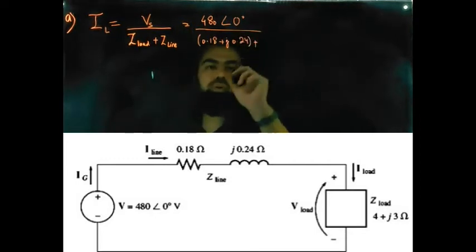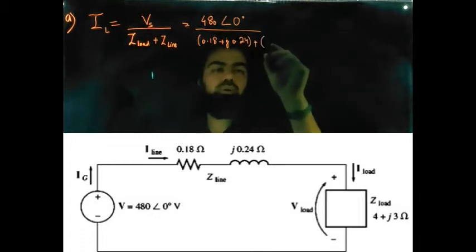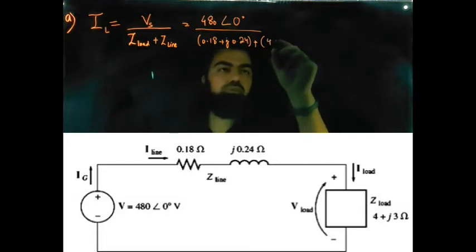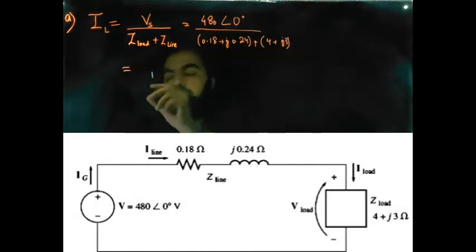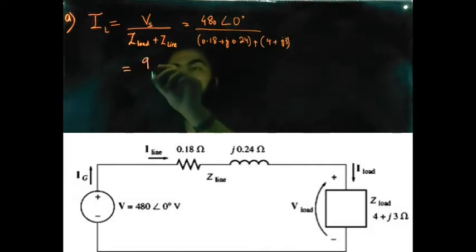So this is your line impedance, and your load impedance is 4 plus j3. You can directly solve it using a scientific calculator.